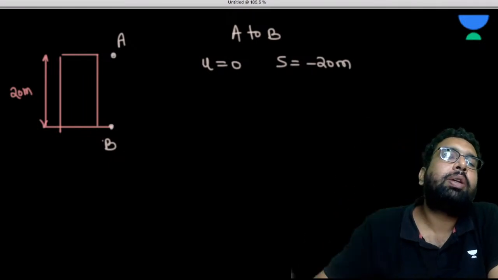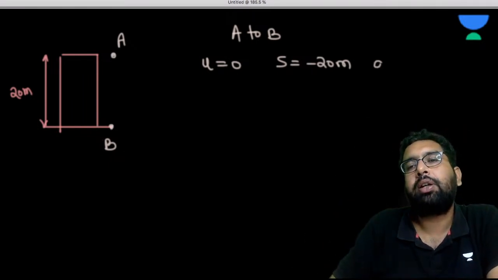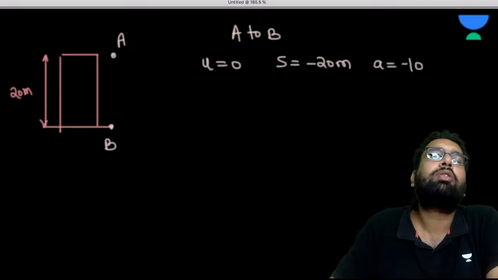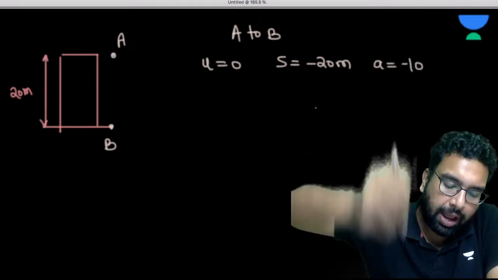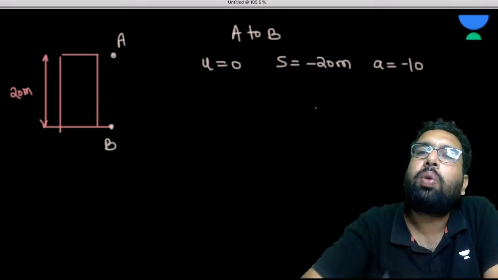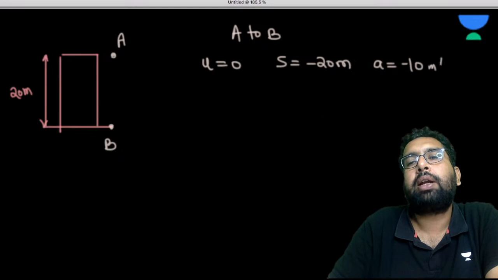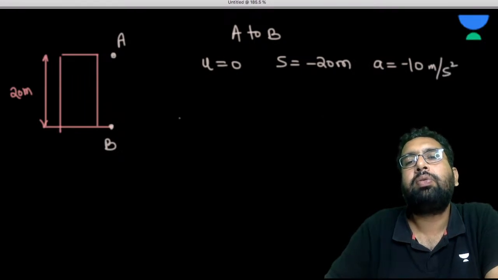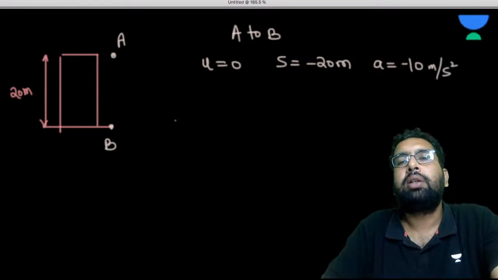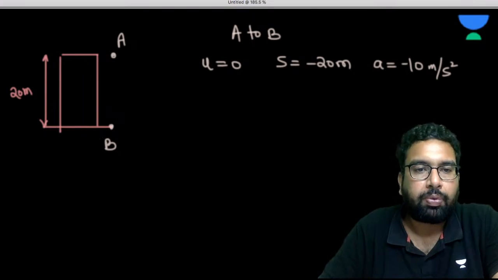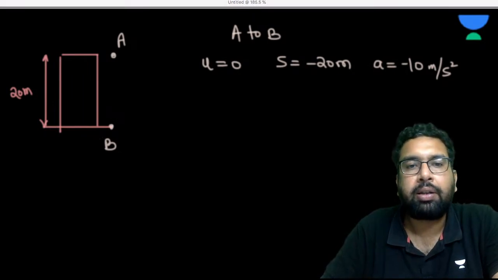What other information do we have? Acceleration. It is always in the negative direction, because acceleration due to gravity always acts downward, so this is minus 10 meters per second squared. What is required is the time, at what time it hits the ground.